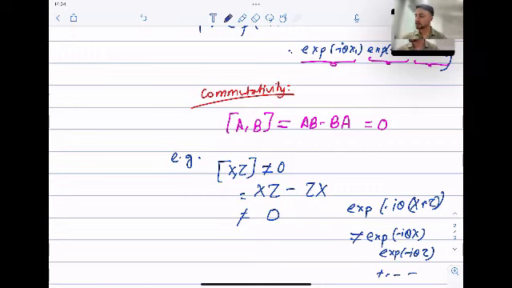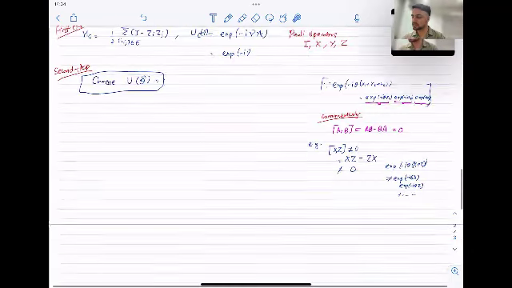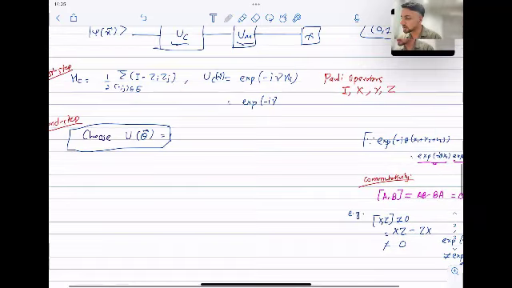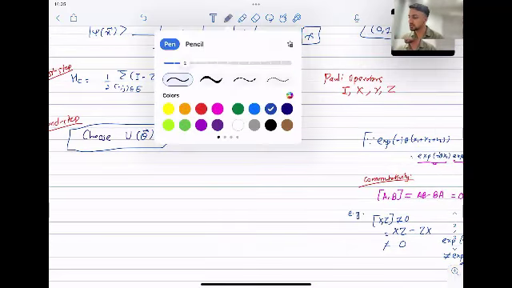You've taken quantum mechanics before, you'd have encountered this, but if not, I just introduce it now. This is important in designing this type of unitaries, U of theta. So in this case, we're lucky. Why are we lucky? Because we won't have to deal with operators that do not commute.